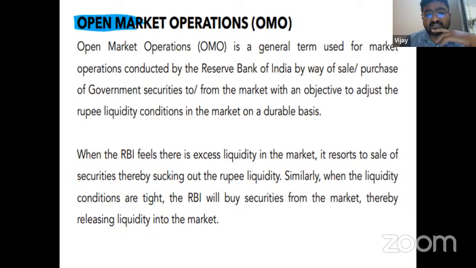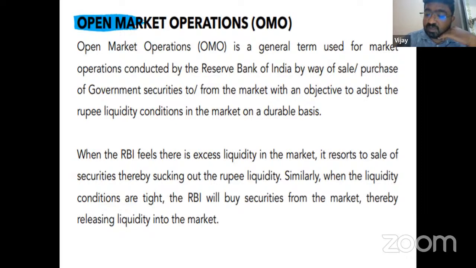When there is inflation, people have more money. What will people do? They will deposit money with commercial banks. The commercial banks, in turn, will buy the government securities, and RBI will sell the government securities.